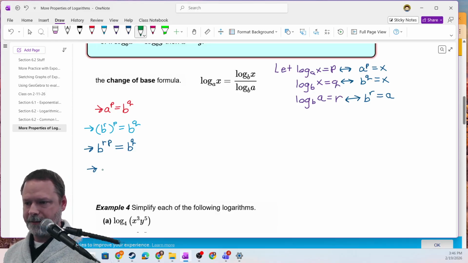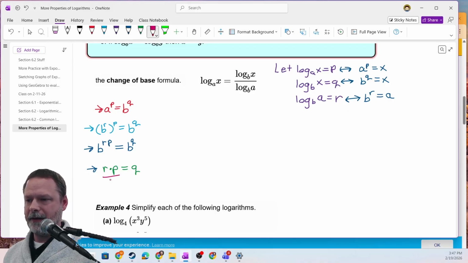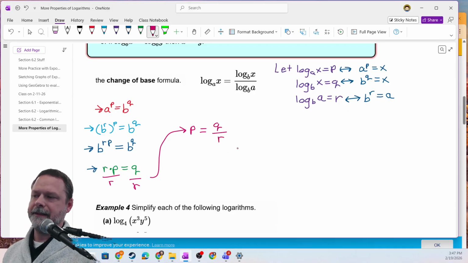That means rp, r times p, must equal q. Oh, beautiful. And then I can divide both sides by r, and we get that p must equal q over r. And that's exactly what I wanted.